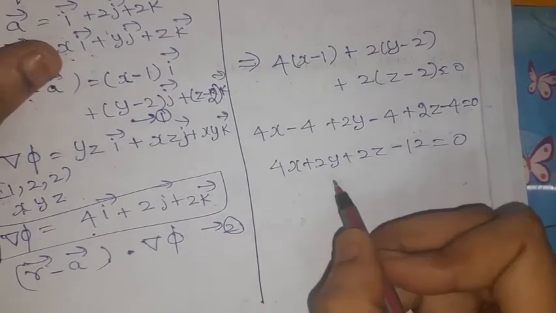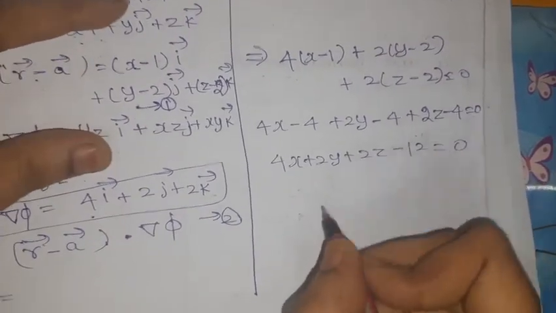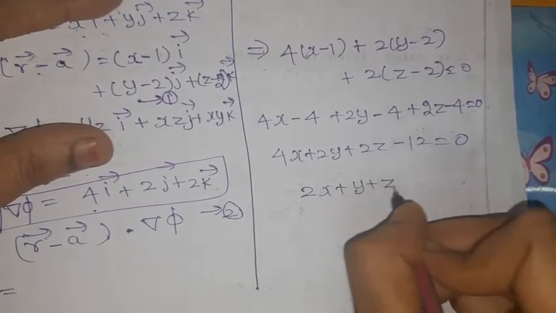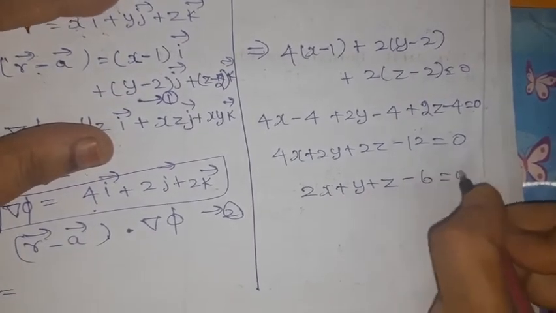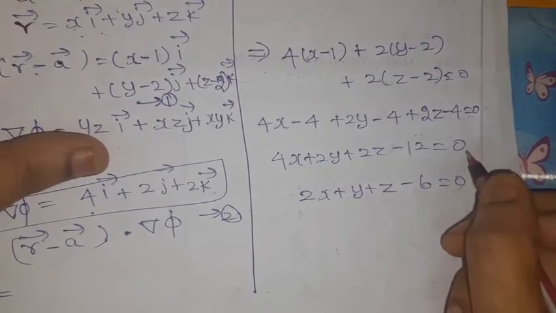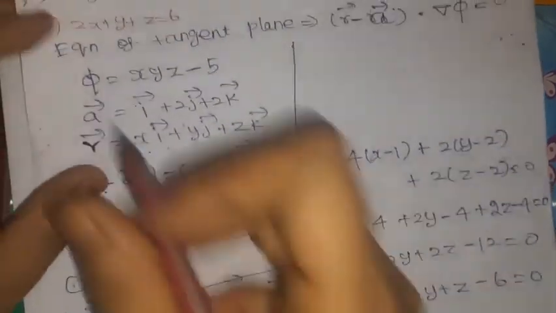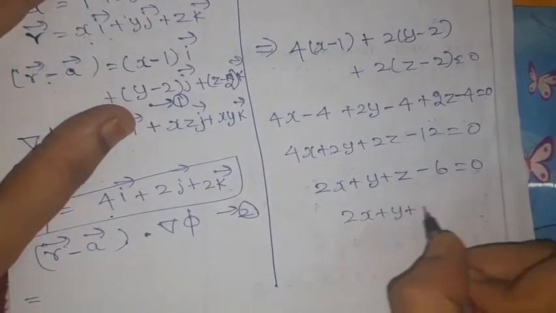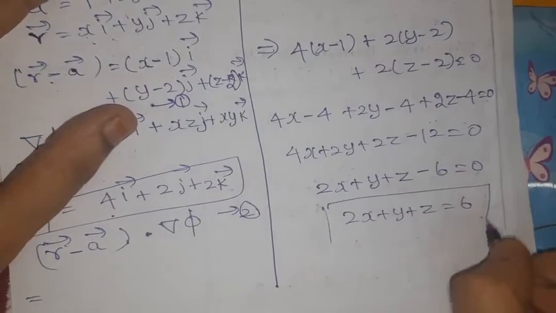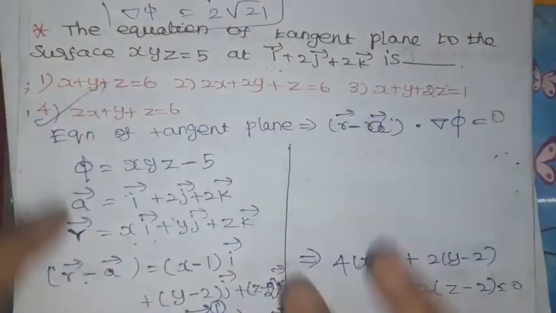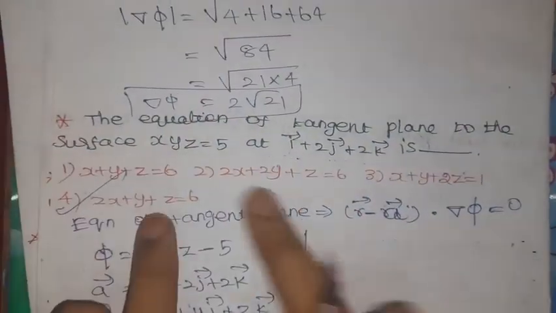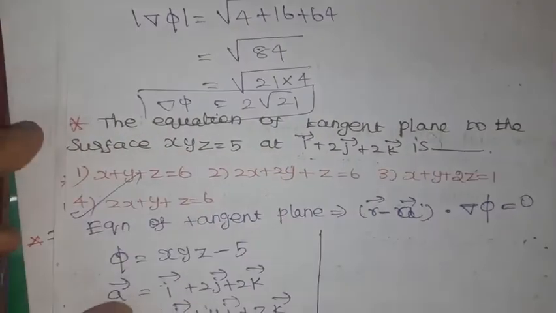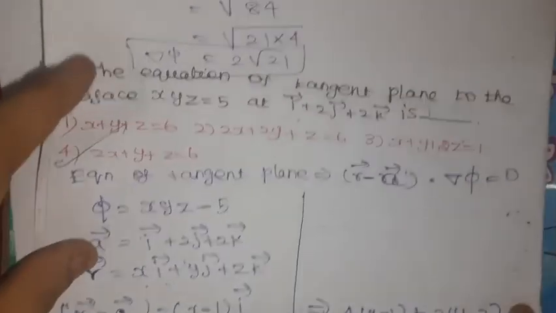Dividing by 2, we get 2x plus y plus z minus 6 equal to 0, so 2x plus y plus z equal to 6. Option 4. What is the question given? The equation of the tangent plane we need to find out. The phi value is given, the point vector is given, and the direction vector is also given.